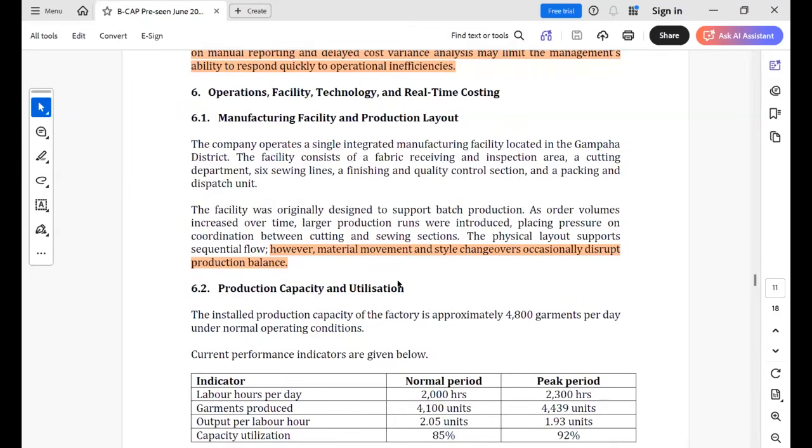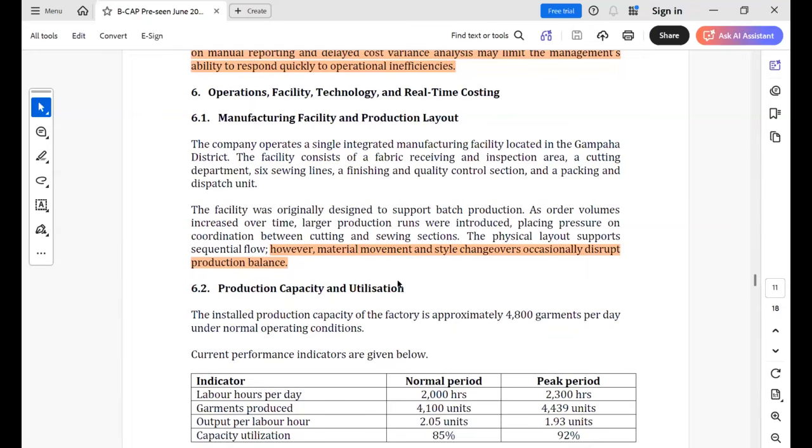So if you happen to change your style frequently, from one style to another style, remember colors are different, right? Sometimes you may have to stop the machine and change the needle, and also change the color of the thread, right? Every time you stop the machine, it always counts as inefficiency.